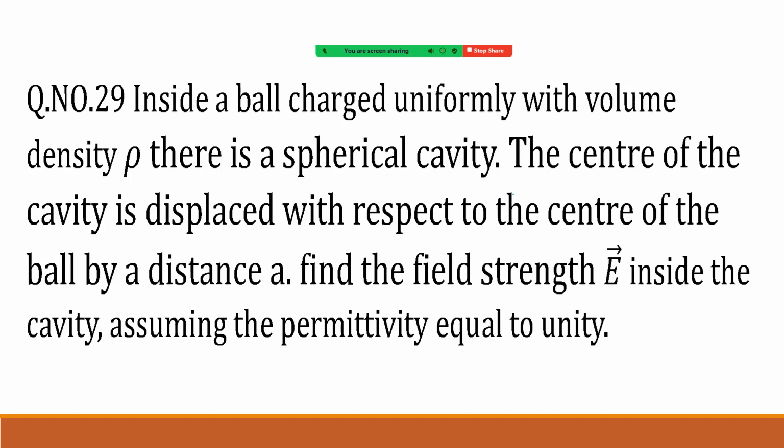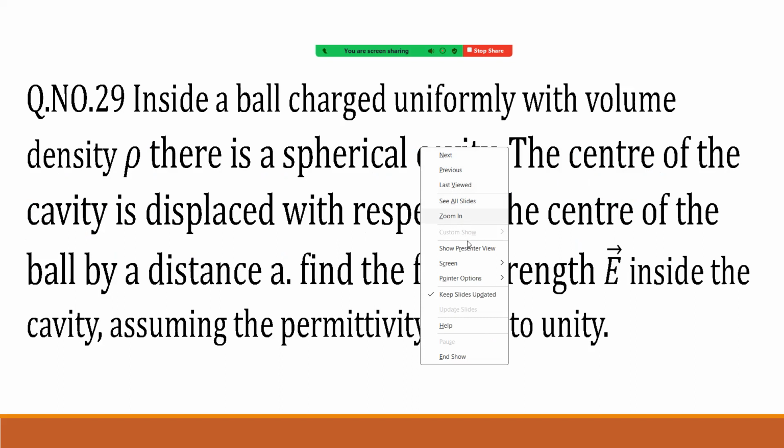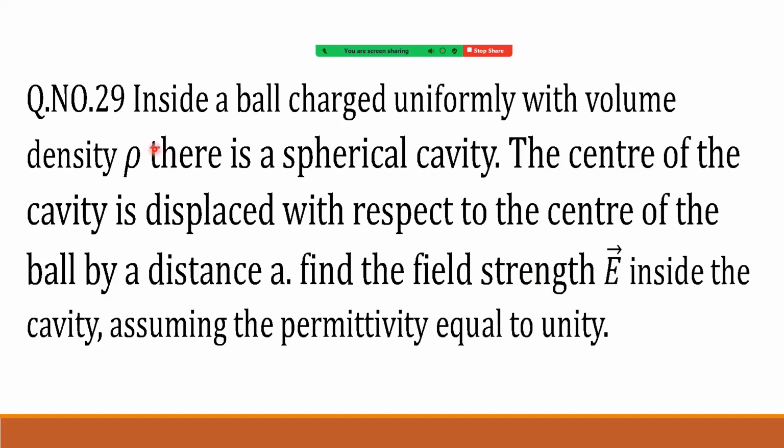This is a question taken from Irodov based on the same derivation. Inside a ball charged uniformly with a volume density rho, there is a spherical cavity. The center of the cavity is displaced with respect to the center of the ball by a distance c.